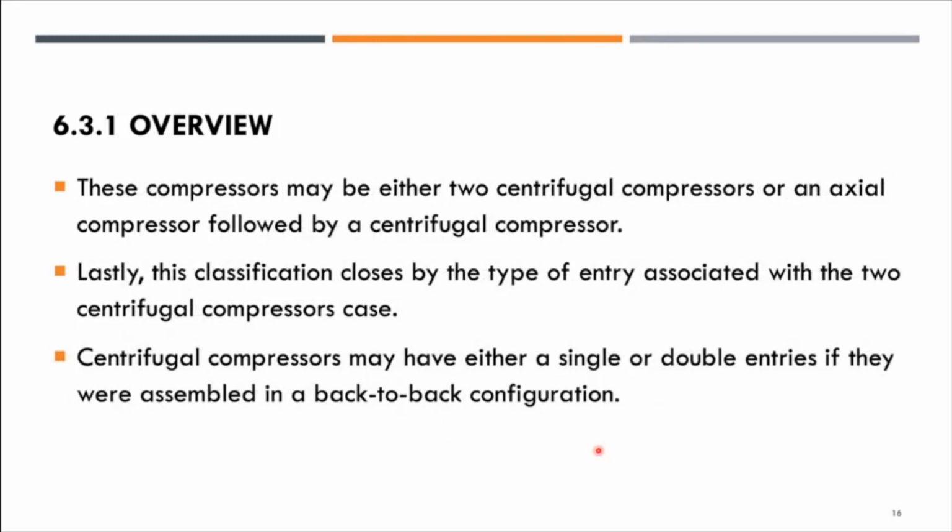This type may have either two centrifugal compressors or an axial compressor followed by a centrifugal compressor. Lastly, this classification closes with the type of entry associated with the centrifugal compressor. Centrifugal compressors may have either a single or a double entry if they are assembled in a back-to-back configuration.